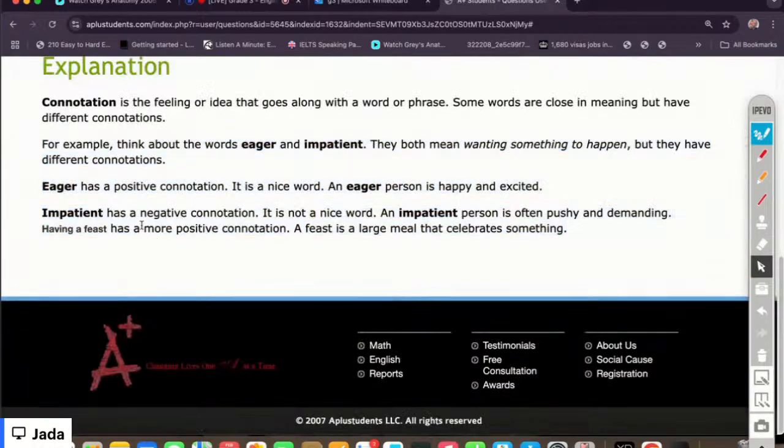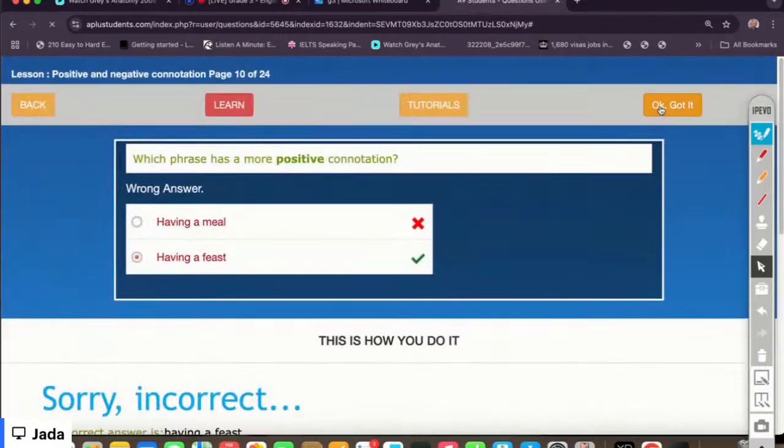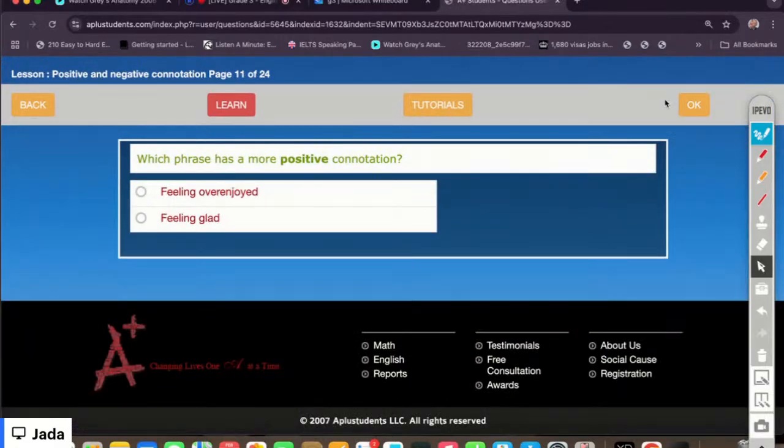But if you have a feast, it has a more positive connotation. A feast is like a large meal to celebrate something. Okay, so feeling overjoyed or feeling glad? What do you think? Positive, feeling overjoyed or feeling glad?